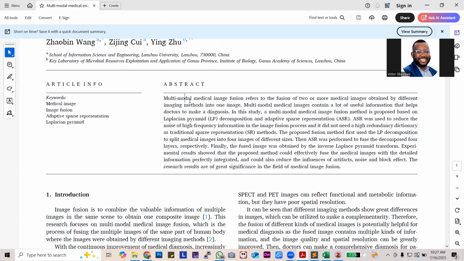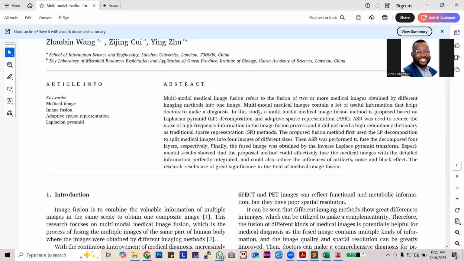All right, so multimodal medical image fusion refers to the fusion of two or more medical images obtained by different imaging methods into one image. Multimodal medical images contain a lot of useful information that helps doctors to make a diagnosis.